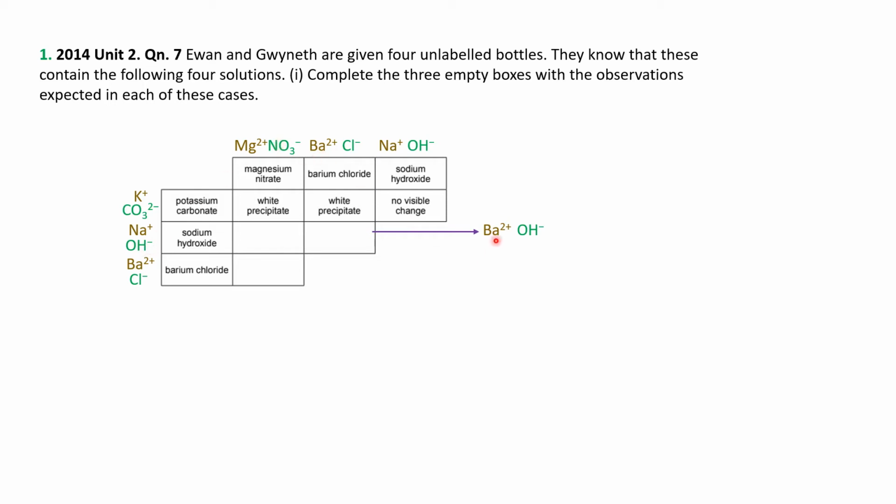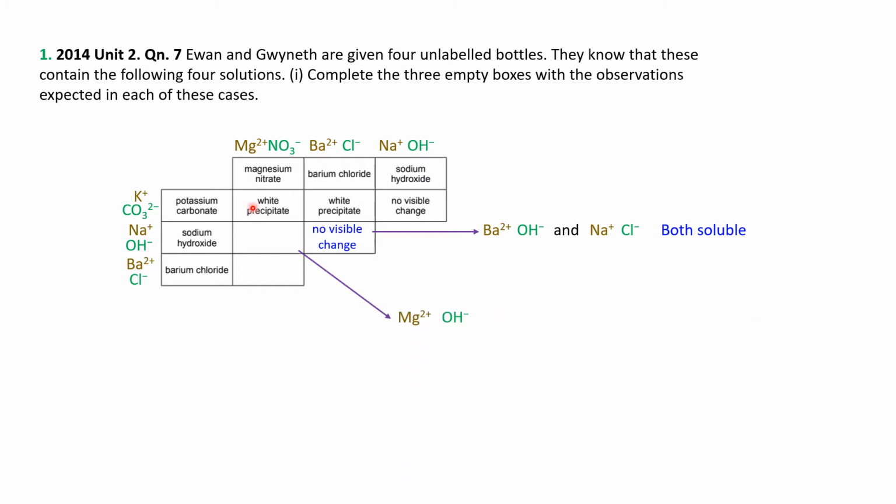So cation of one, Ba2+, with anion of the other, OH-, and of course the cation of the other, Na+, with the anion of the first, Cl-. What do we know about these? Well, we know that barium hydroxide is one of the soluble hydroxides, and anytime you see sodium, you know it's soluble. So both of these are soluble, so you're not going to see any significant change there.